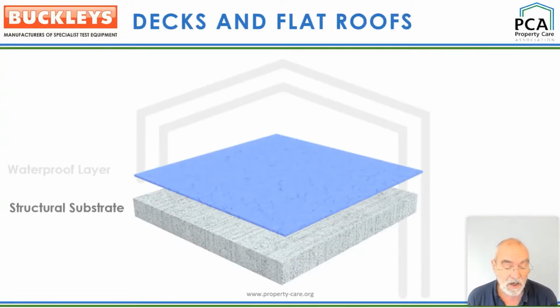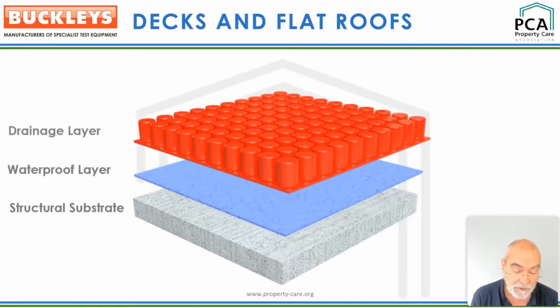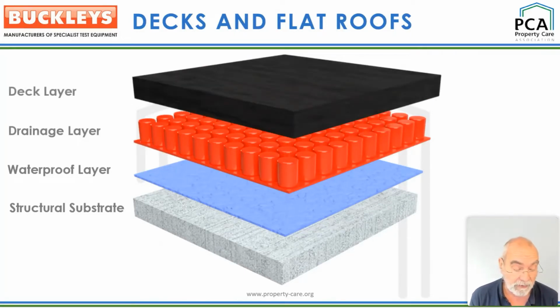Dependent on the detailed design of the deck or roof, there'll be a number of layers, including a structural substrate and a waterproofing layer. There may also be insulation above and below the waterproofing, and drainage, water retention, green roof bedding or decking layers. In order that the portable electronic systems can function reliably, they must be carried out when the waterproof layer is directly accessible.